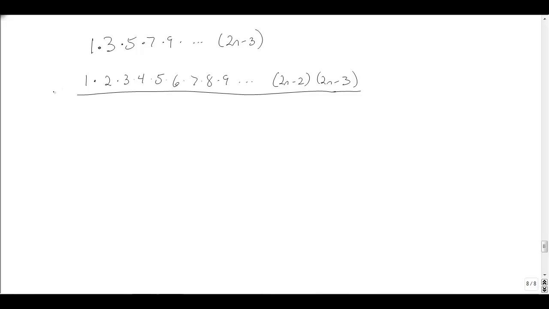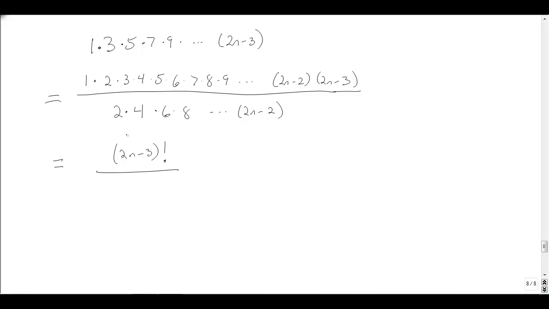So I can keep this the same. I throw in all these even factors that are missing from the factorial, but then I have to divide them out. So I have to divide by the 2, the 4, the 6, the 8, and the last one I divide out by is 2n minus 2. Okay, so that gets us there. And what we have on top then is really 2n minus 3 factorial over 2 times 4 times 6 times 8 times 2 times 2n minus 2.